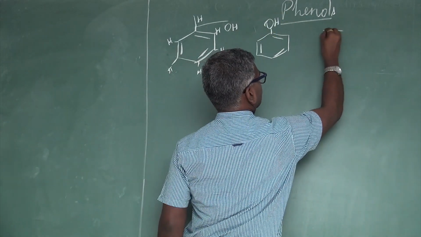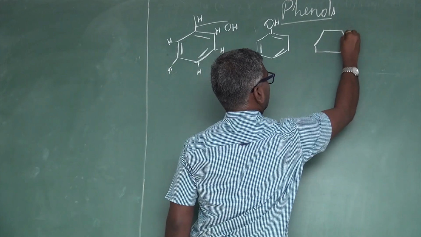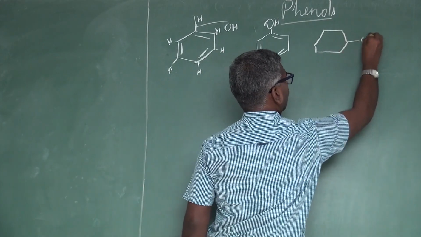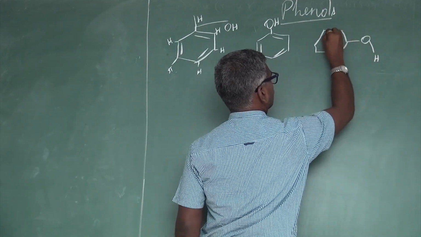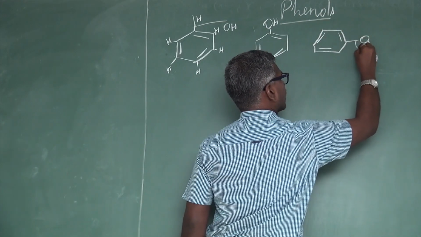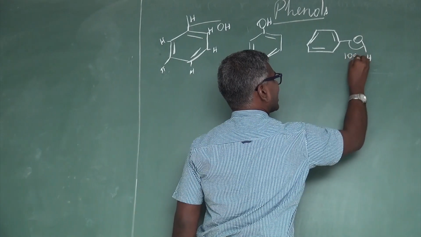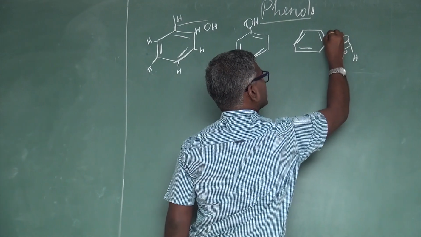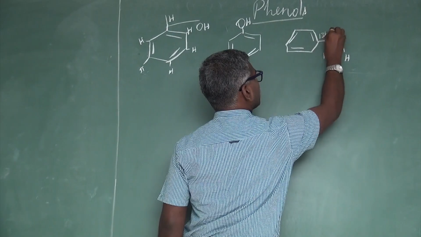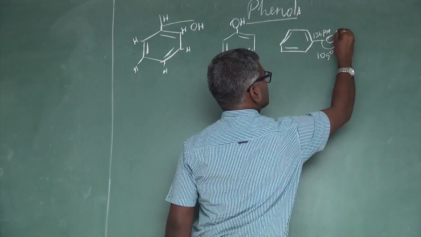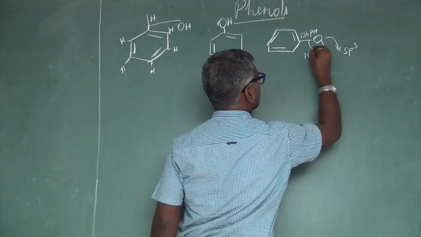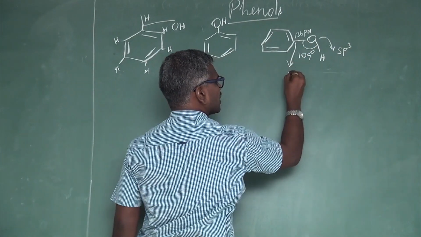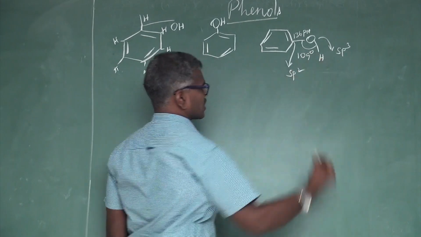This bond angle is 109 degrees, bond length is 136 picometer. Hybridization: this oxygen is sp3 hybridized, and the carbon of the benzene ring is sp2 hybridized.